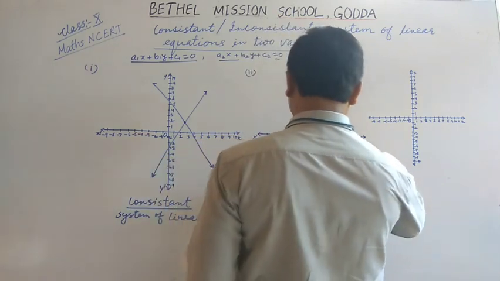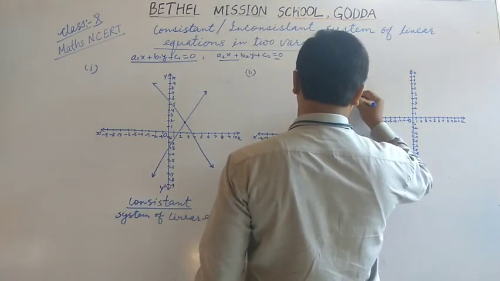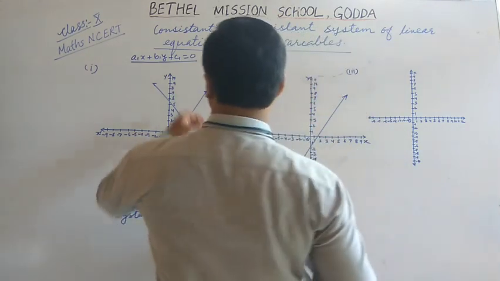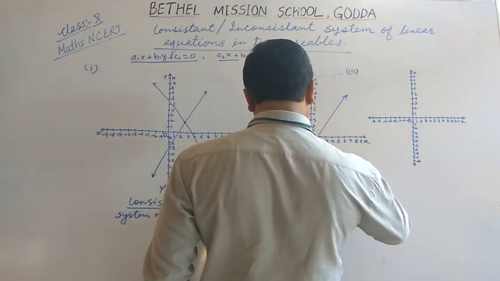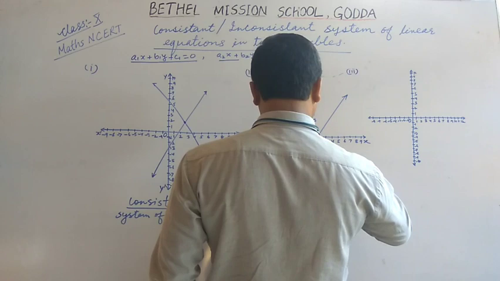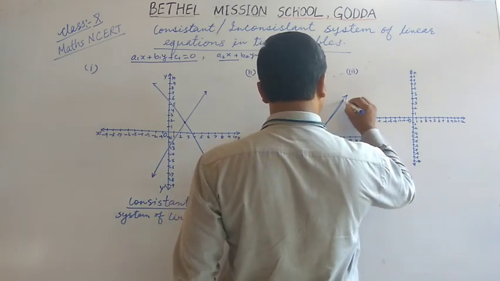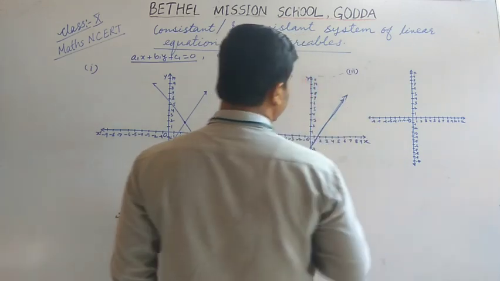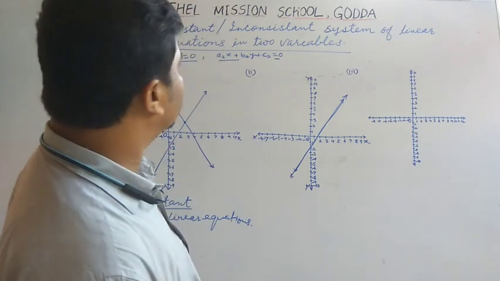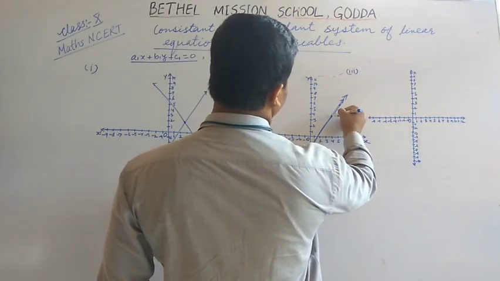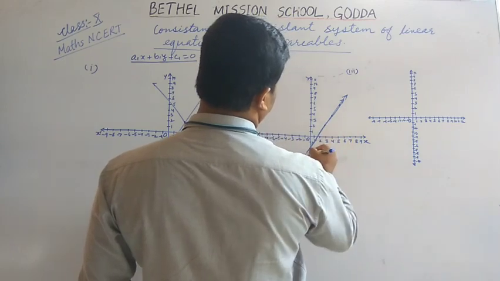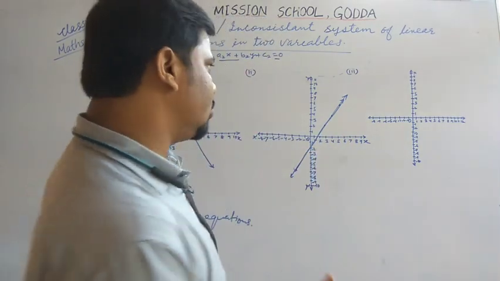Another, if you draw a line of this equation and another line is also on it, both the lines are coinciding. Both lines coincide, which means there are many points, many solutions, an infinite number of solutions.